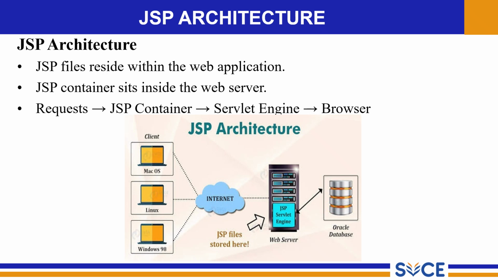Once the servlet is prepared, the request is handed over to the servlet engine. The servlet engine executes the generated servlet, which processes any embedded logic such as database queries, condition checks, loops, or dynamic content generation. After execution, the servlet produces an output in the form of standard HTML.